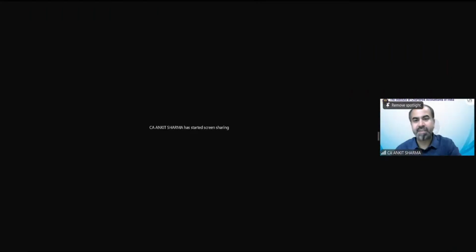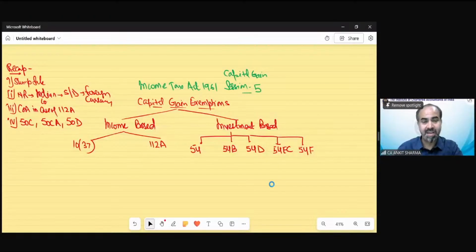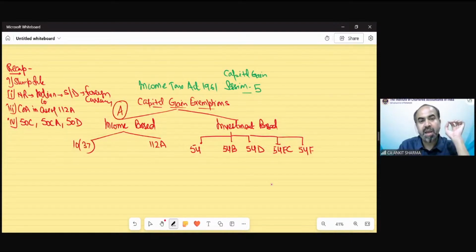Okay, so now moving on. Today we are going to discuss exemption provisions. As I said at the start of class, there are two kinds of exemption under capital gain. First is income-based exemption. We have two main income-based exemptions under capital gain.